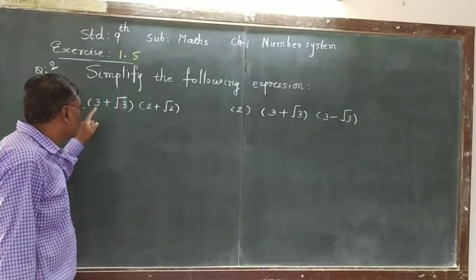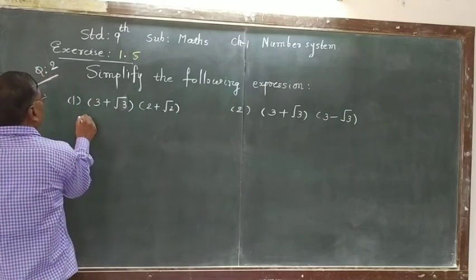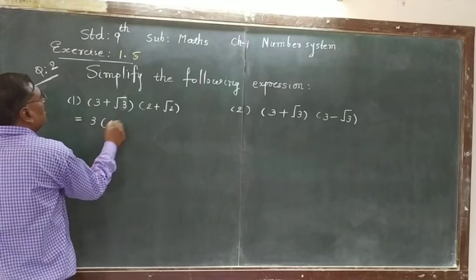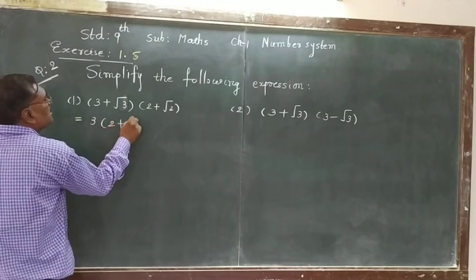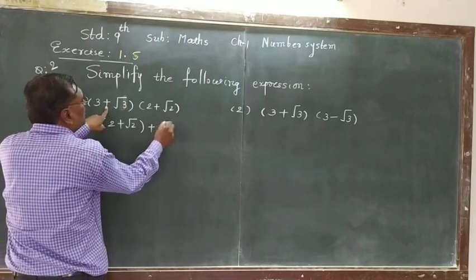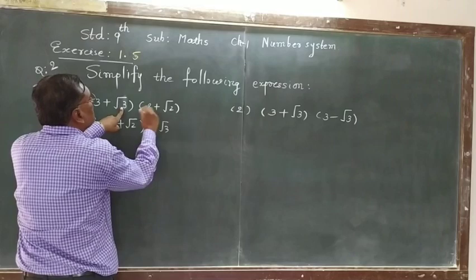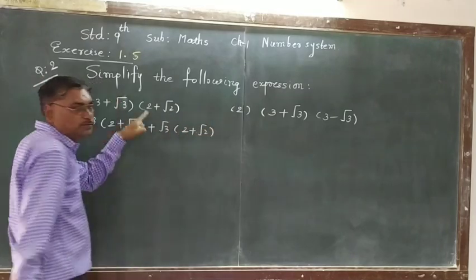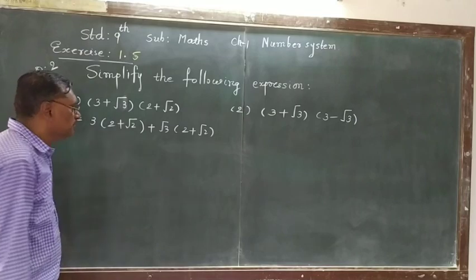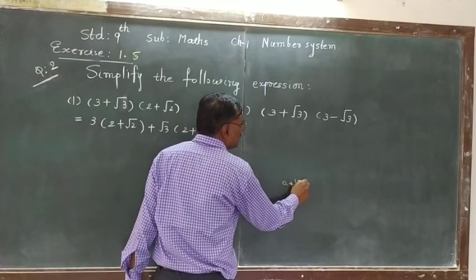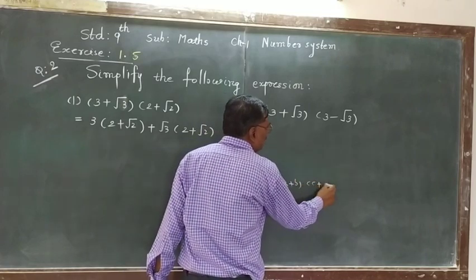So first we are going to take 3, then this bracket 2 plus root 2. Then plus root 3, and the same bracket we take, 2 plus root 2. How? Suppose you have been given a plus b and c plus d.